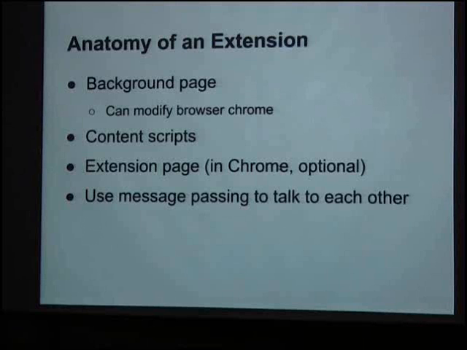This means that you have to actively enable those communications. But if you know what you're doing, you can open up the communication channels in such a way that any part of the page or any part of the extension can do whatever the heck it pleases.